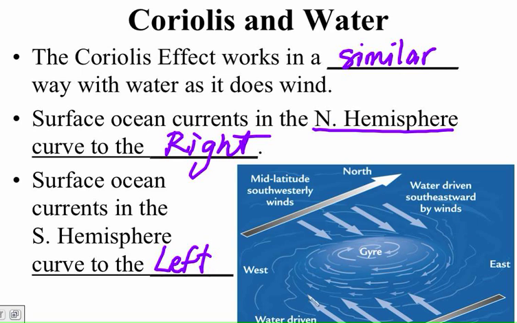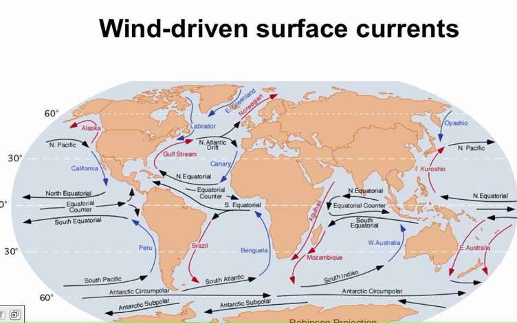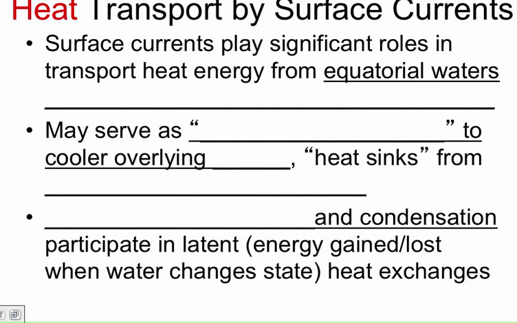So we get oftentimes gyres or flat convection currents that are forming within the surface of the ocean. We can see all those currents back on this diagram. Again, looking at the northern hemisphere, we've got currents that curve to the right, and in the southern hemisphere, we have currents that curve to the left, all because of the Earth's rotation.